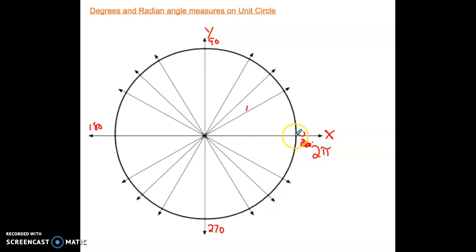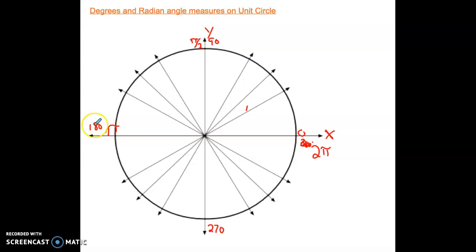So if we start at the positive x-axis and only go halfway around, half of 2 pi is 1 pi. If we only do half of that, that's up here at 90 degrees, that's half of a pi, which is pi over 2. And we can keep on going around, breaking up these fractions. So 30 degrees: if we take 180 and divide it by 6, you get 30.